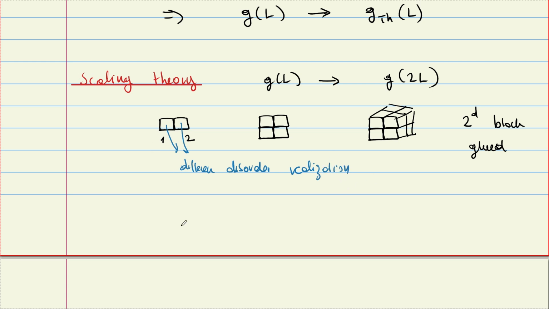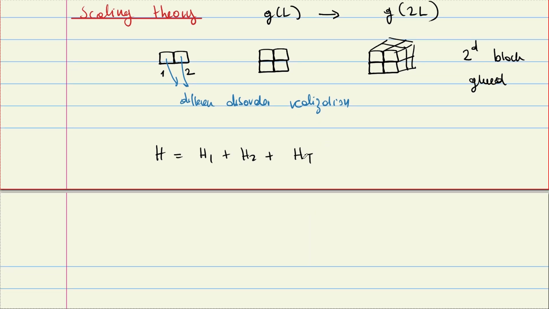In this case, the Thouless argument was that the total Hamiltonian H is something like H1 plus H2 plus some tunneling between these two, and we can take tunneling to be a perturbation. When you take tunneling to be a perturbation, we can write the energy levels, for example En of the new system is going to be En of 1 plus En of 2, the energy level of the first one, the energy level of the second one.